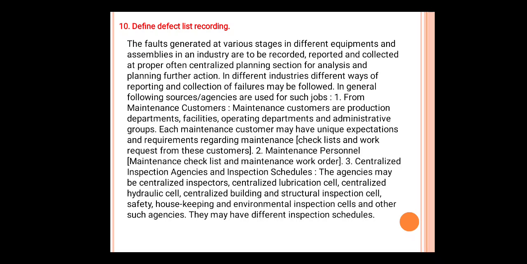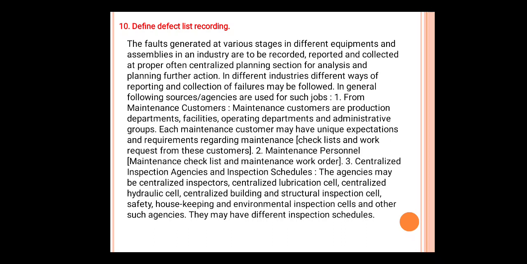In different industries, different ways of reporting and collection of the failures may be followed. In general, the following sources and agencies are used for such jobs: first, maintenance customers.